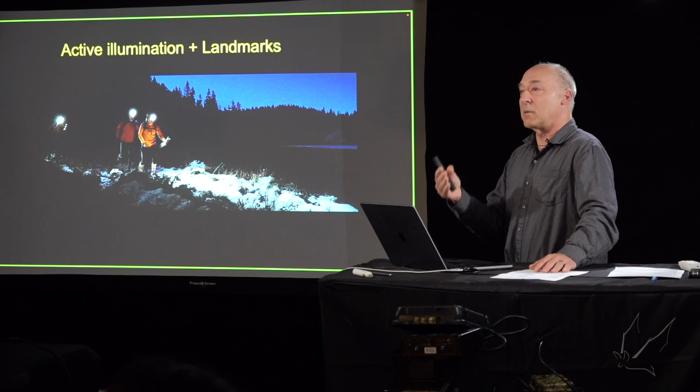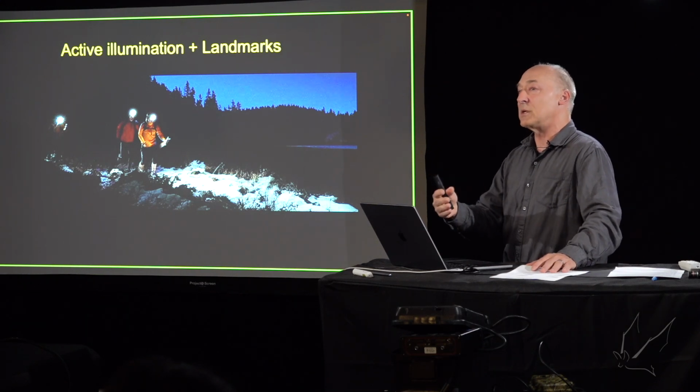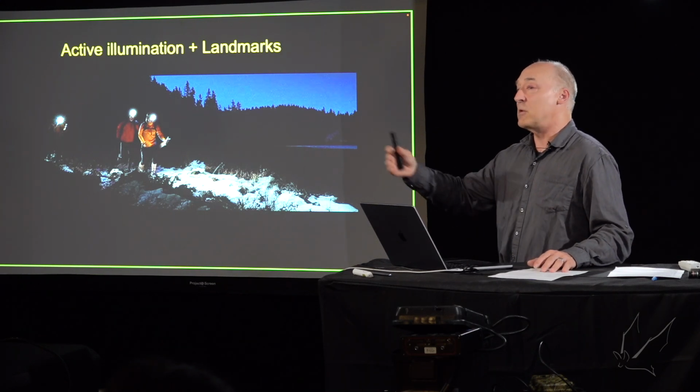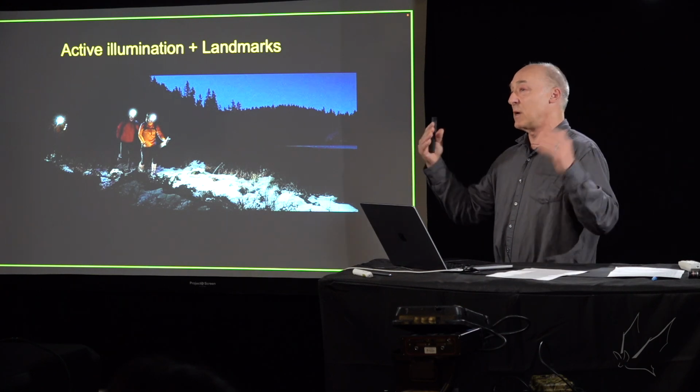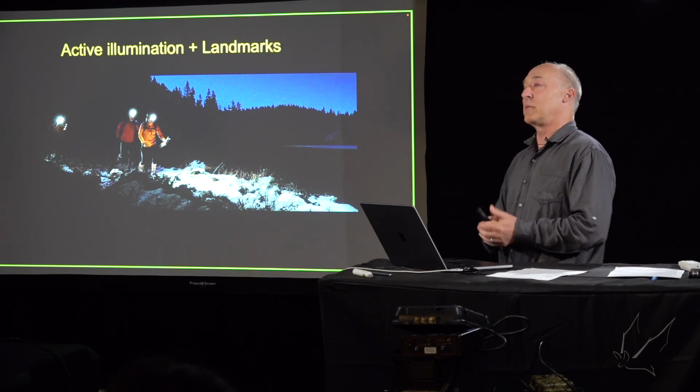And think of many of our bats we know, they have a roost, and many of them will commute miles away from their roost to foraging grounds. And some species like free-tailed bats will go 60 miles away from their roost in a night. And with their echolocation, they're only able to sense things up to about 10 to 15 meters away from them, for the echoes they're getting. So if they're only seeing 10 or 15 meters at a time, they can never find their way back to their roost over great distances.